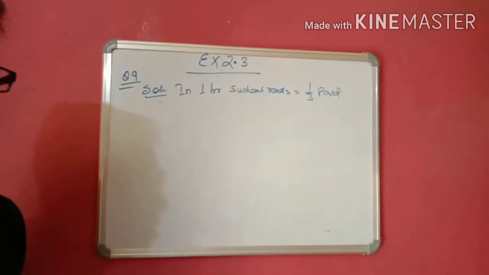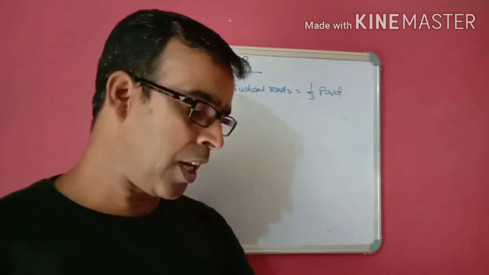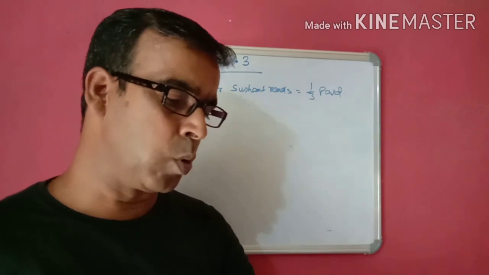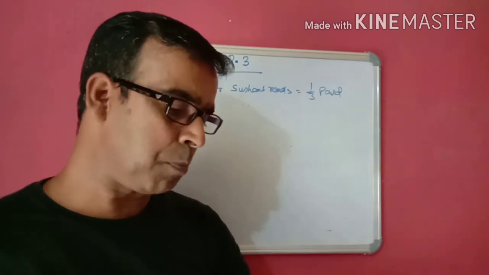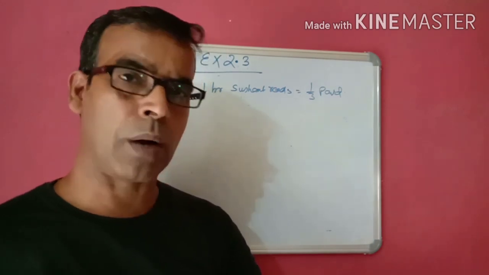See question number 9. According to your book, it is given that Sushant reads 1 by 3 part of a book in 1 hour. How much part of the book will he read in 2 whole 1 by 5 hours?